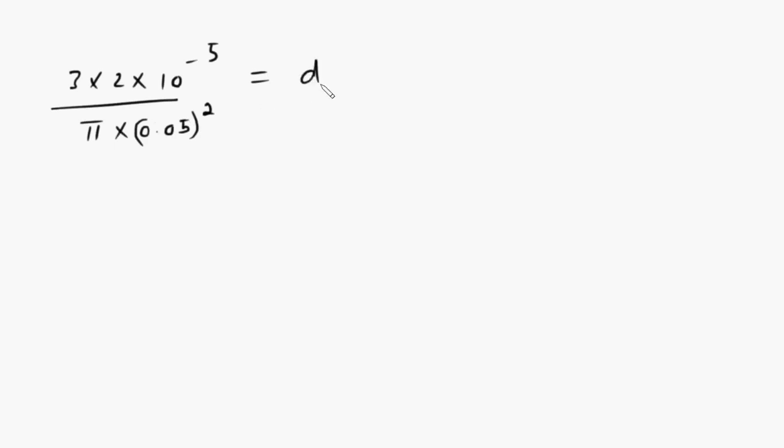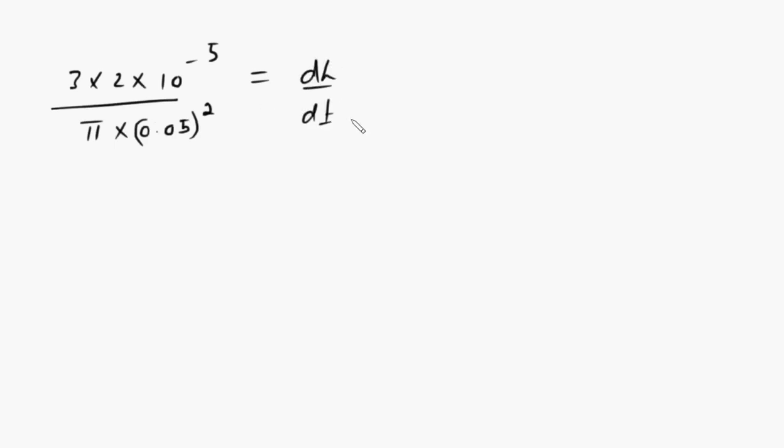We're going to have 3 times 2 times 10 power negative 5 over pi times 0.05 squared, like this. It's just going to be equal to dh dt, kumbuka ile ni h squared, okay?